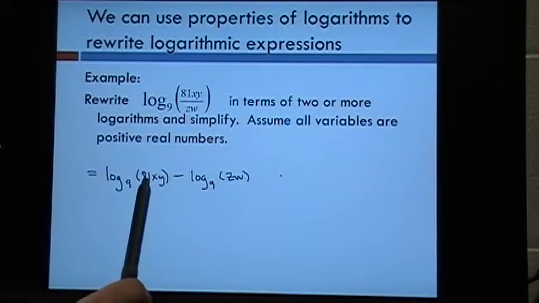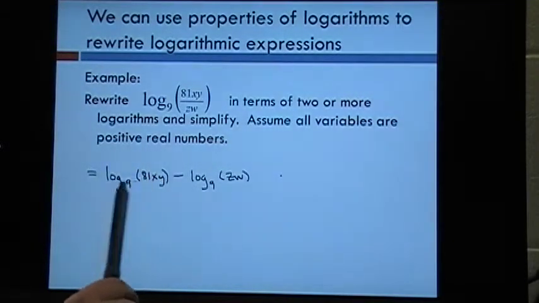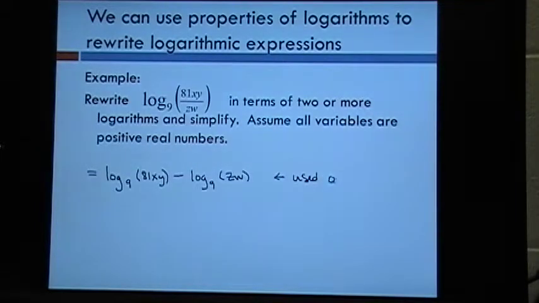Okay, so here I've got 81 times x times y. Since I have these 3 factors, I know I can rewrite this as the sum of 3 logarithms. So here I used the quotient rule.